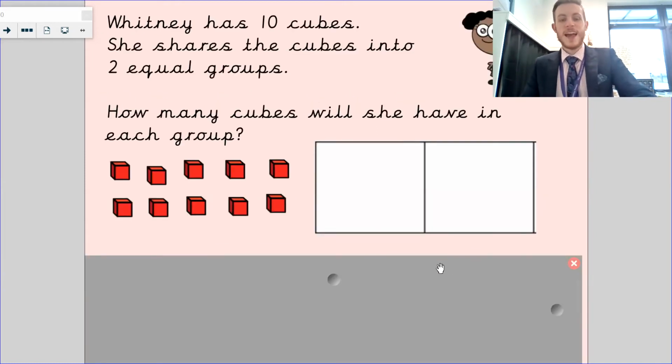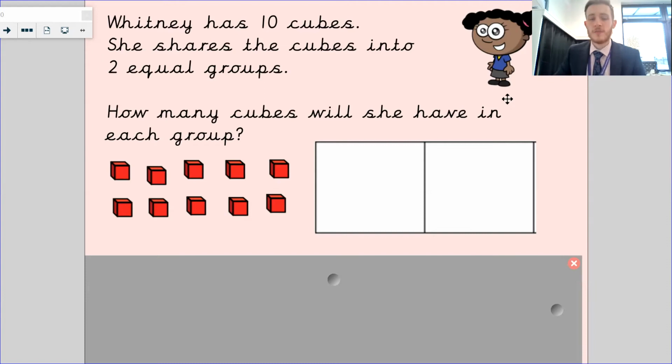Whitney has 10 cubes. Now, this is really important that we're reading that question, because that question is going to tell us what to do. So Whitney says she's got 10 cubes. She shares the cubes into 2 equal groups. So you can see here, you've got one group and you've got another group.